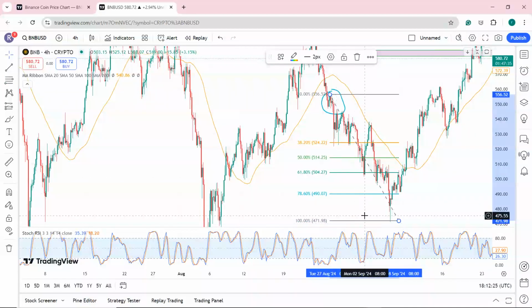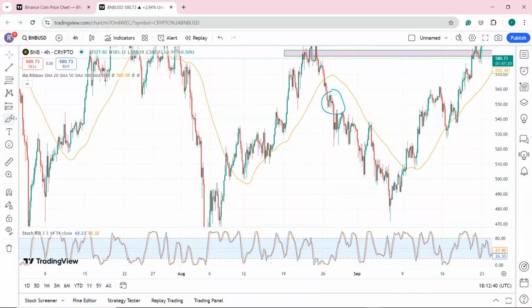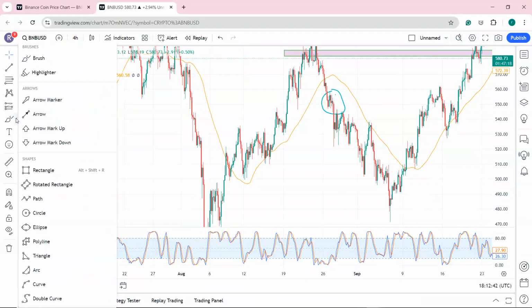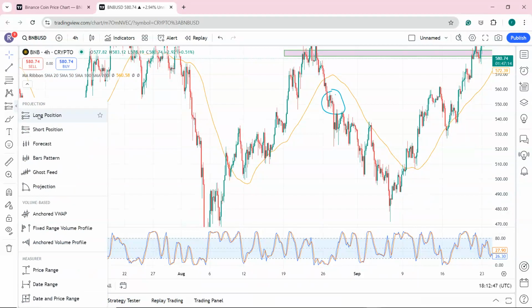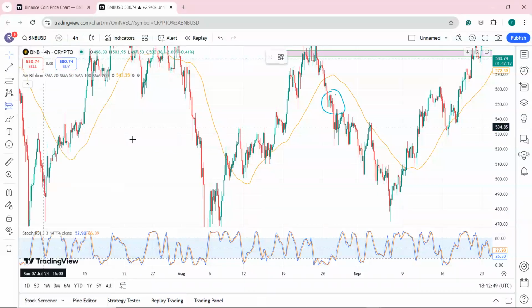Those things that I removed earlier are the ones that will help me to know the amount of gain, or probably let's use this one. Okay, let me cancel this. This is for retracement, and if you want to know your percentage profit and loss, I think there is another one here that we use. Yeah, short position. Let's do this for this short position.